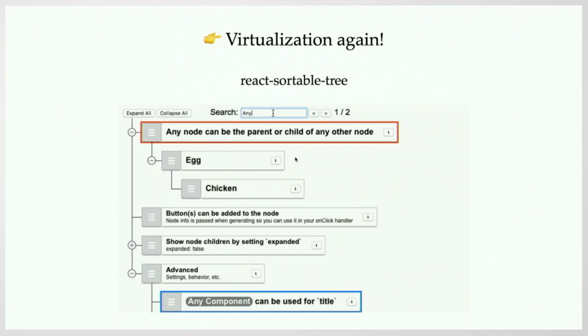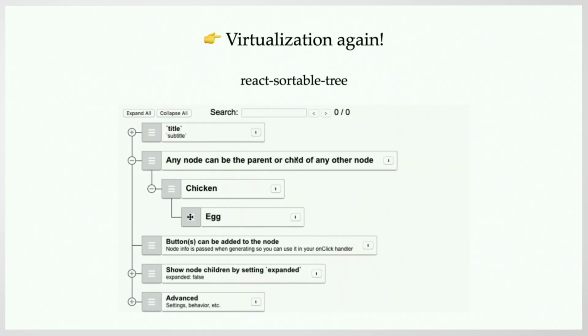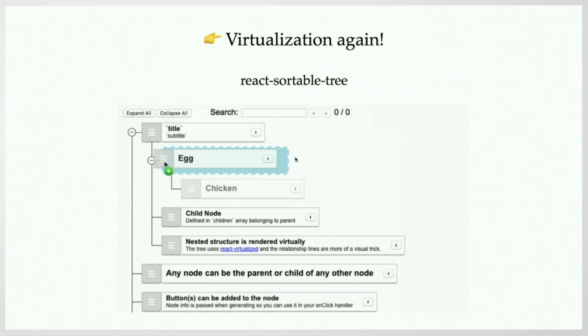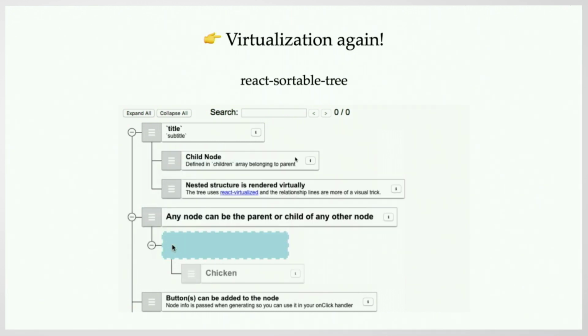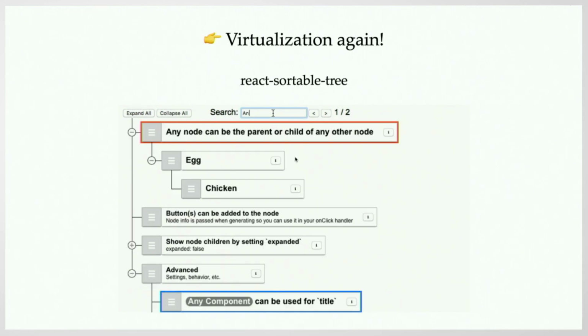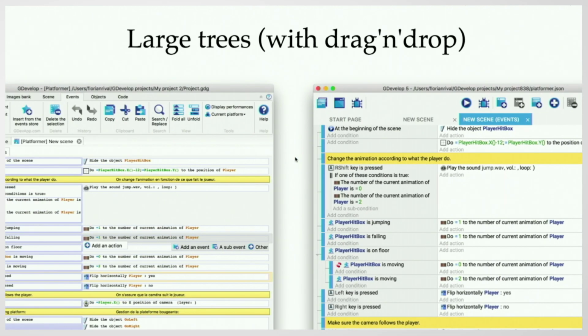And under the hood, it's a virtualized list built on React Virtualized, so that every node that you see here on the screen is actually a row of a list that is virtualized. So performance is good, and I've tweaked this quite a lot so that it looks like this.